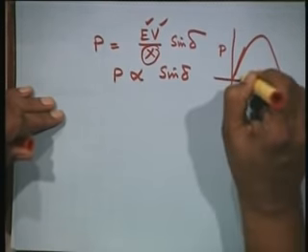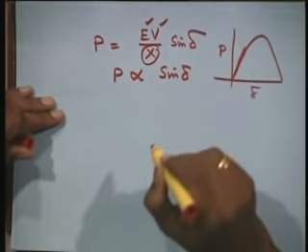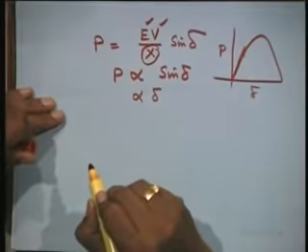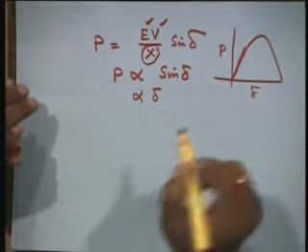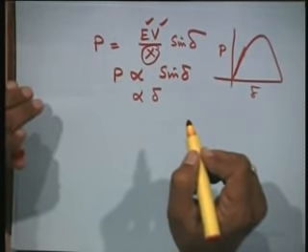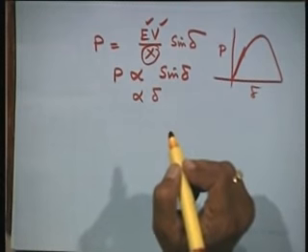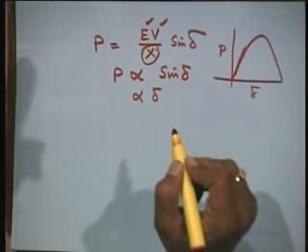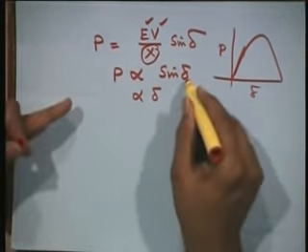So, delta is small, and all of you know from your trigonometry knowledge that sin delta is close to delta. Even sin 30 is 0.866, very close to 1. When delta is 0, sin delta is also 0. So, it is close to delta.